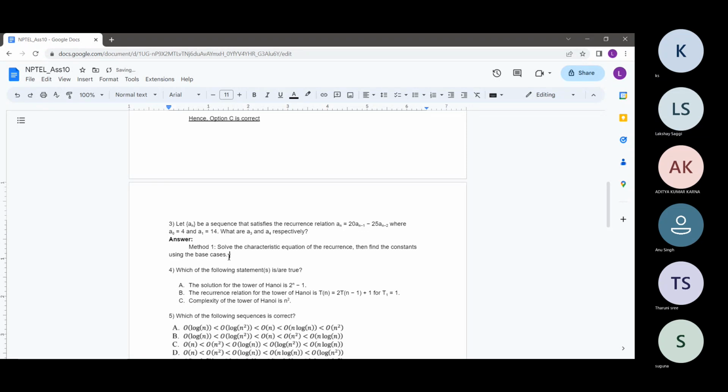Basically you find the roots of the recurrence relation, and then find the constants using the base cases. After that step, you will obtain the general formula for the above recurrence relation.